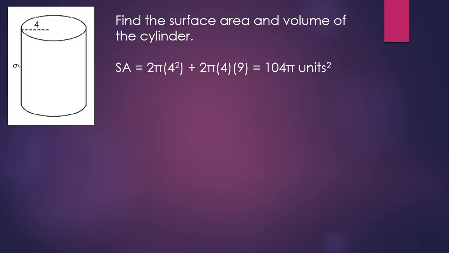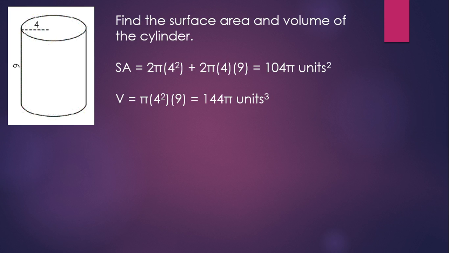And we need the surface area of the curved surface around the side, which is 2 pi times the radius, 2 pi times 4, times the height of the cylinder, which is 9. So that's a total of 104 pi square units.